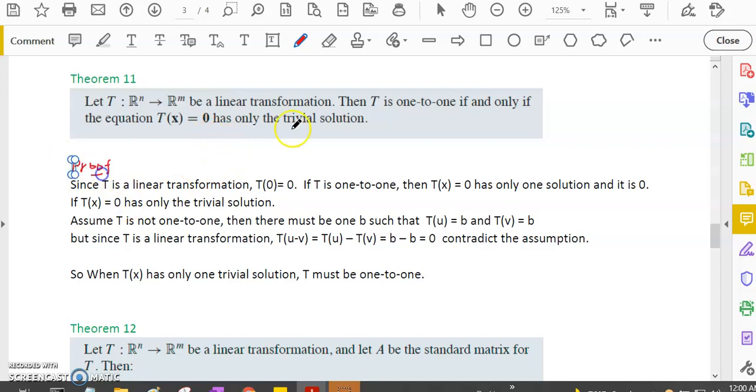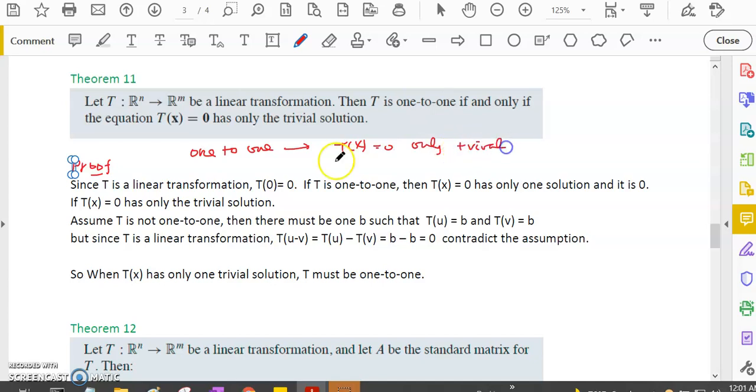This theorem is an if and only if, so you have to prove both directions. If T of x equal to 0 has only one solution, then it is one-to-one. Let's say the first direction is one-to-one first, and then it becomes T of x equal to 0 has only the trivial solution.